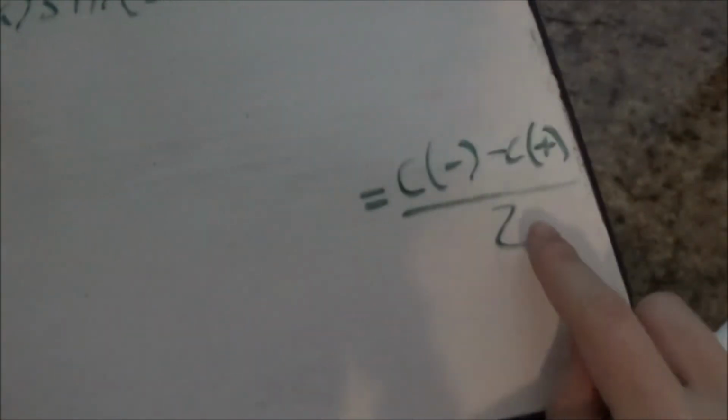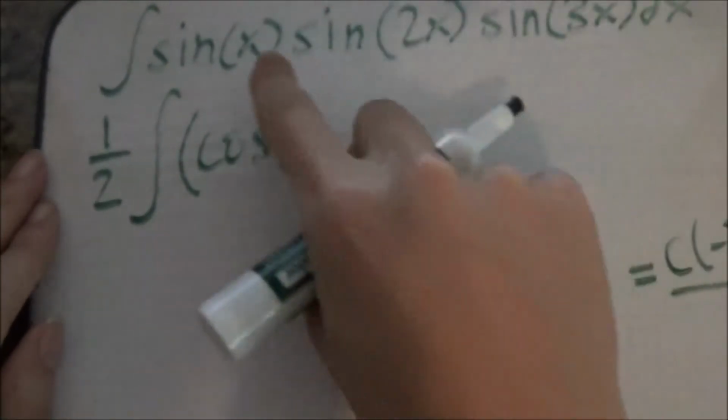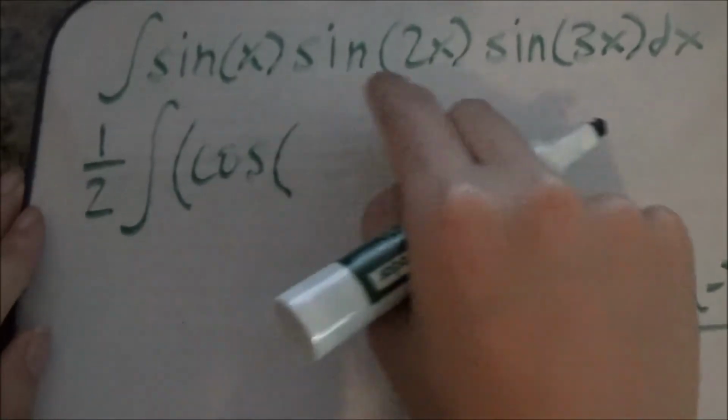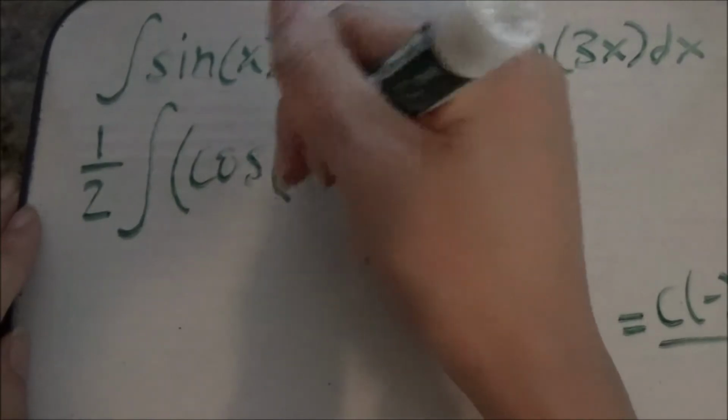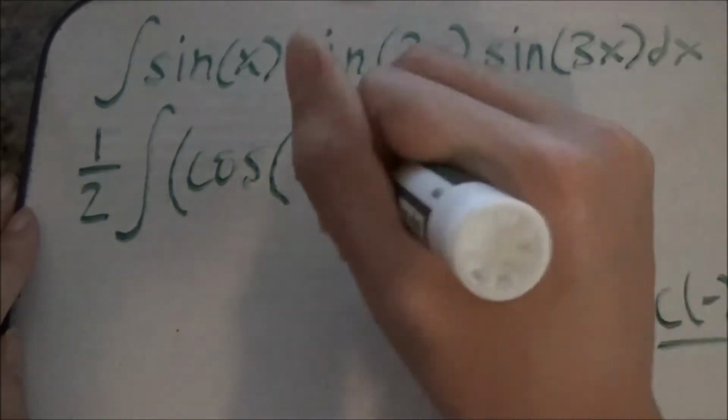So now that I know that, this is a half. Yes, that's exactly what I want. I want 2 cosines, because now what I have is cosine. So I need a subtraction of this. It doesn't matter which way. 2 minus 1 is x, cosine.